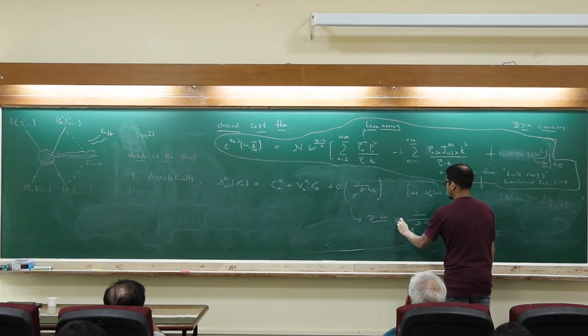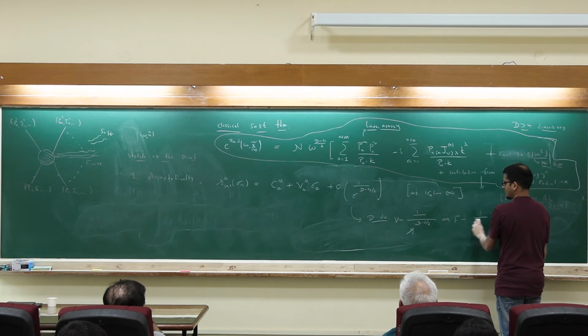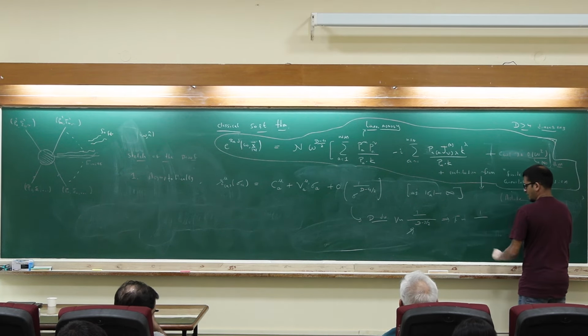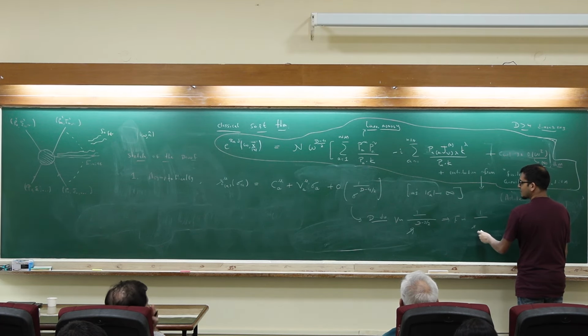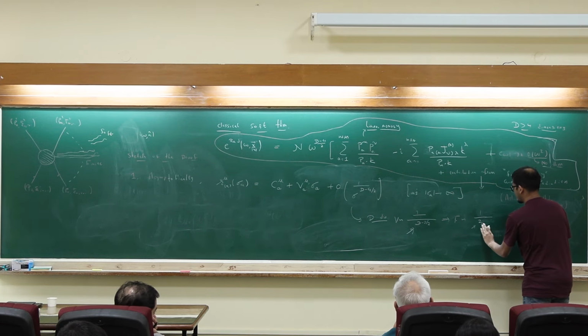So the force, being the gradient, will fall off like 1 by r square in 4D. It's a gradient, so it will be 1 higher: d minus 2 by 2 plus 1, so d by 2.